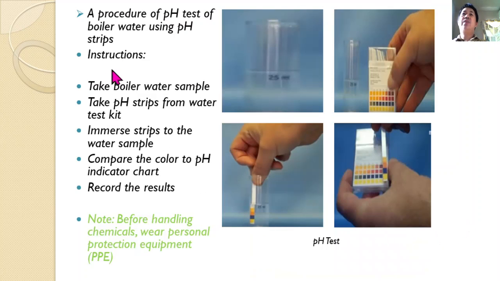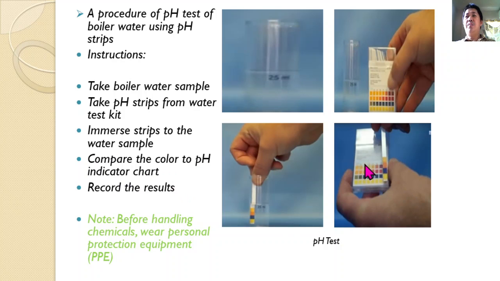So, pH test. A procedure of pH test of boiler water using pH strips. Instruction: take a boiler water sample. So this is the one. Take pH strips from the water test kit. This is the pH strip. Immerse the strip in the water sample. Compare the color to the pH indicator chart.